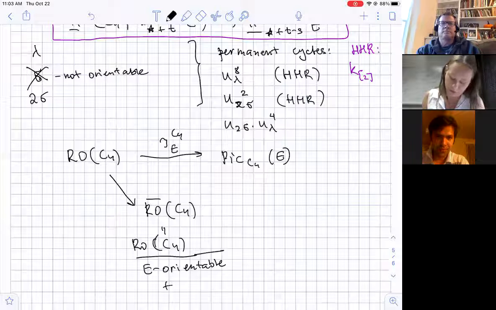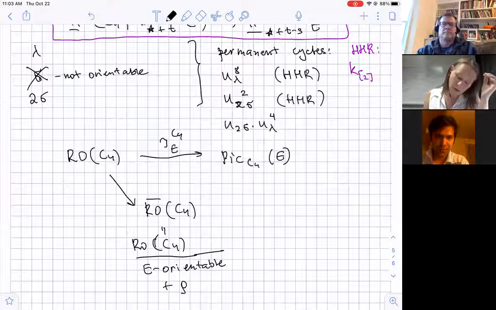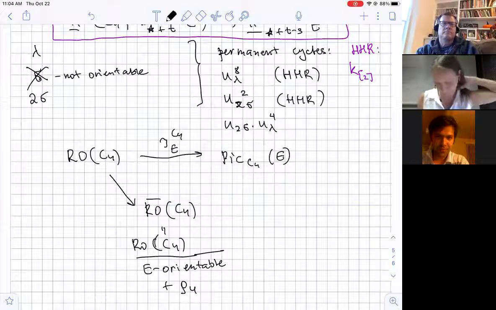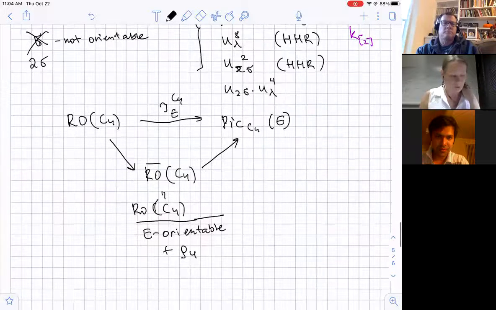For reasons for which I don't have time, row 4 also has to be in the kernel of the J map. So J factors through RO bar C4. Let's compute what it is.